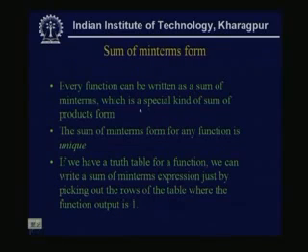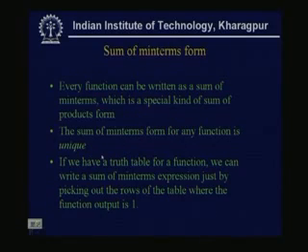Now, every function can be written as a sum of minterms, which is a special kind of sum of product form, and the sum of minterms for any function is unique. So, this is one property: only in one way can I do this.